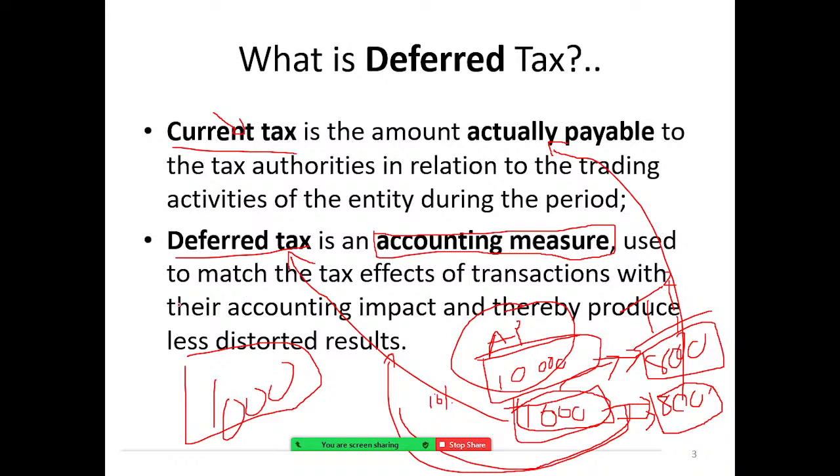So here, even though there's a difference between actual payment and the estimated payment, the entity will record the full value, but they record it as actual current tax and deferred tax. So this 1,000 will be divided into current tax and deferred tax.